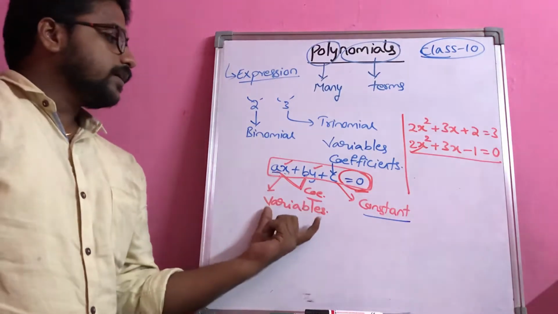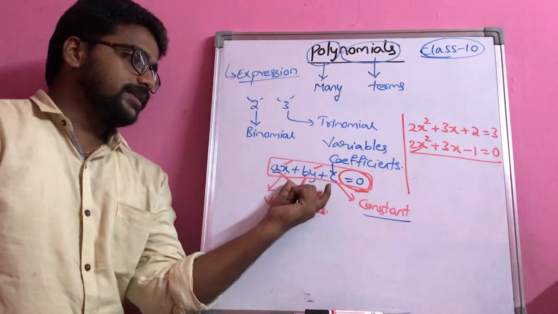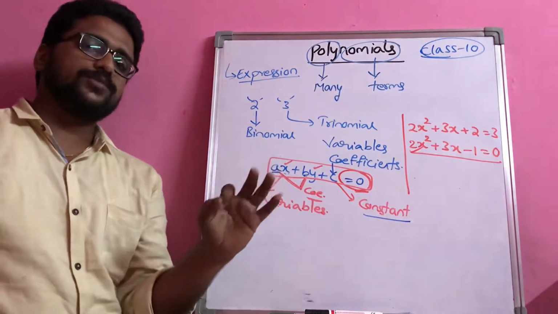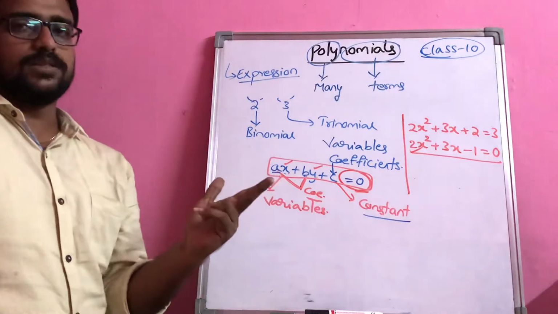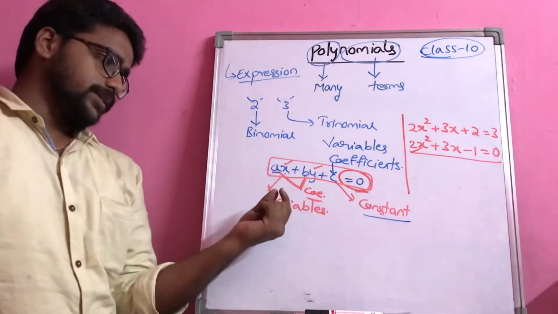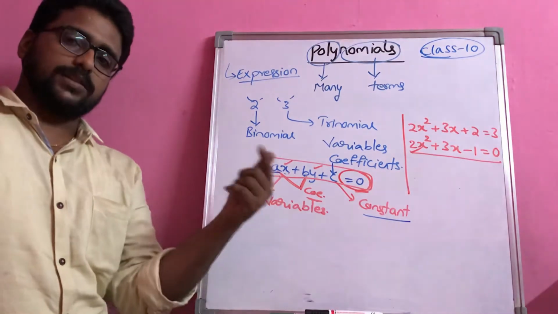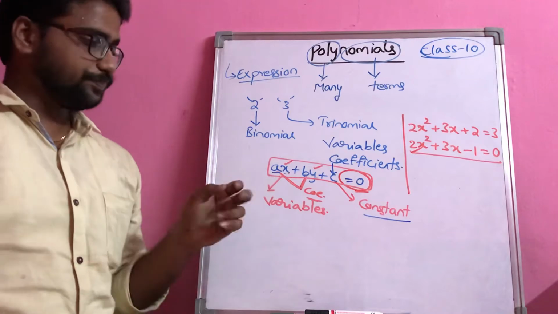So if I consider this equation, we have three different kinds of terms: a variable, a coefficient, and a constant. As the name suggests, variables vary from person to person. That is why x and y are named variables.